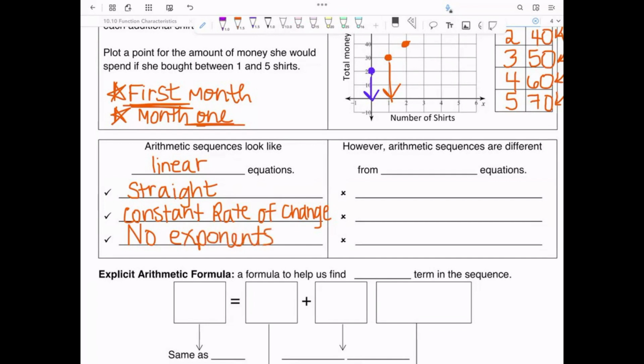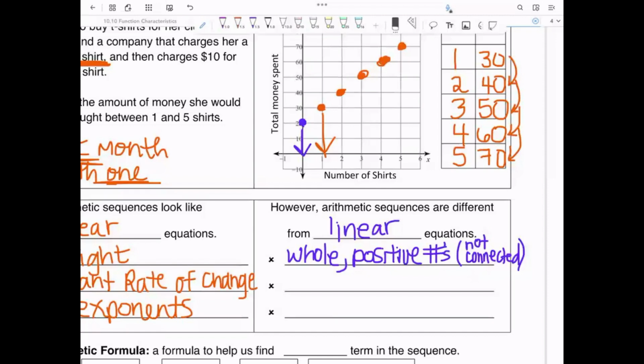All right, however, arithmetic sequences are different from linear equations in a couple ways as well. With sequences, we're looking at whole positive numbers. Another thing that we looked at is where the equation starts.